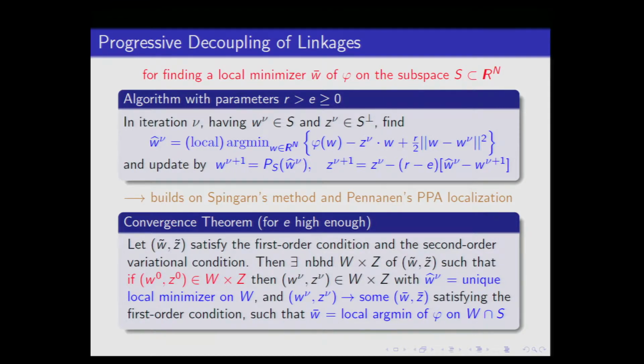So at any given iteration, I have a primal and dual pair, and I use nu to mark the iterations. And then what I will do is minimize a regularized function. You see, it's the original function tilted. I subtract a term. The z is going to be something like a multiplier for the linear constraint that makes you stay in the subspace.